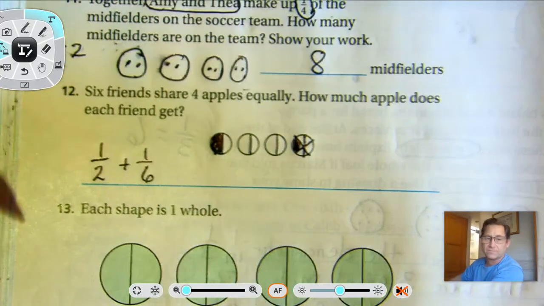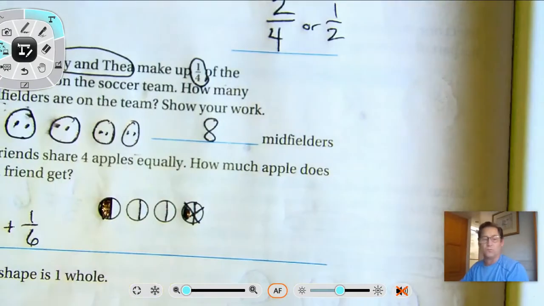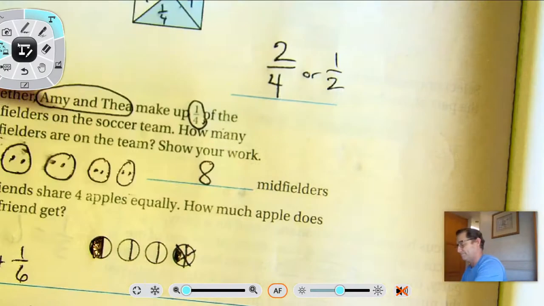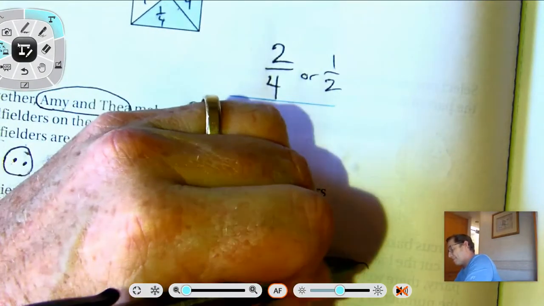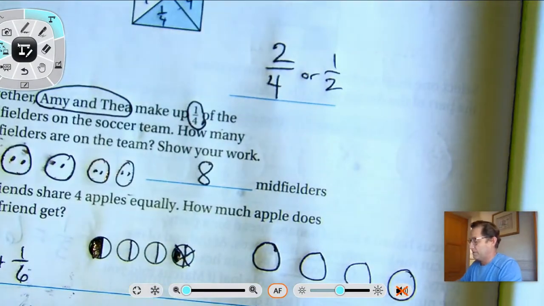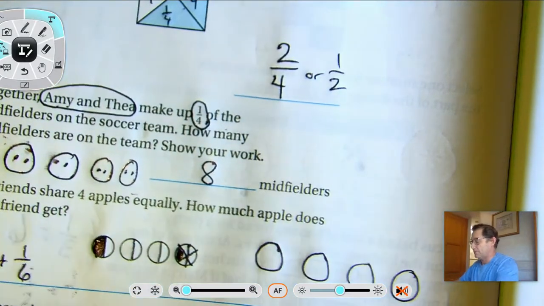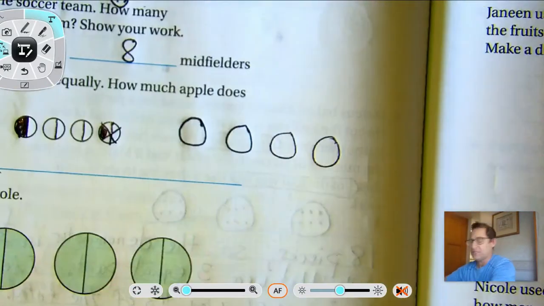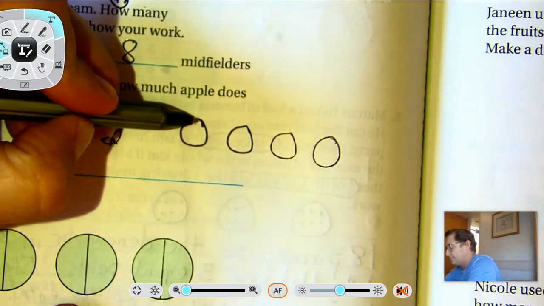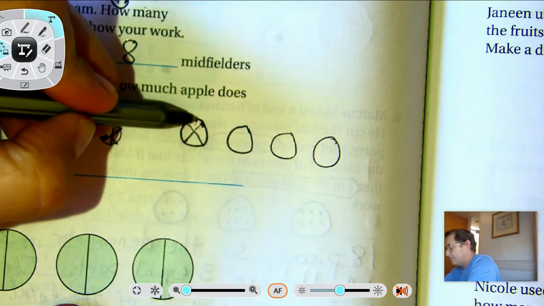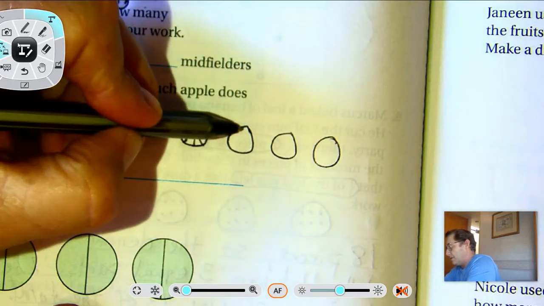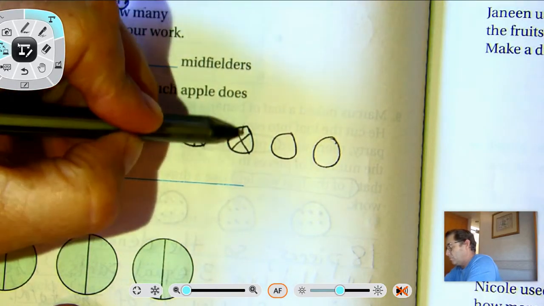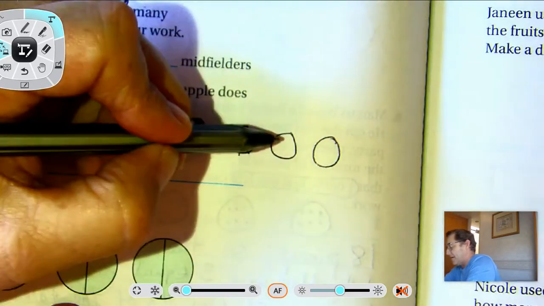So let's do it a different way. So it's all one unit. Okay. So we have our four apples, and let's split each apple into 6. This will probably be easier for you to see. So each friend will get 1/6 of each apple.